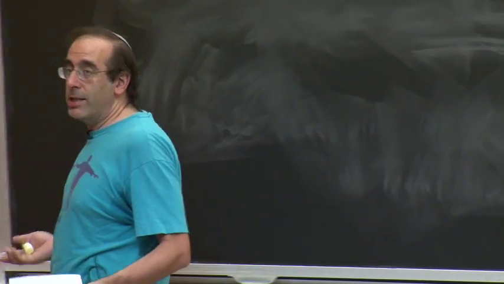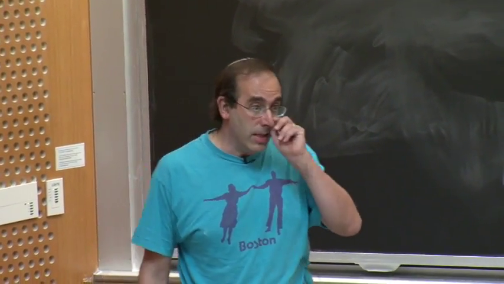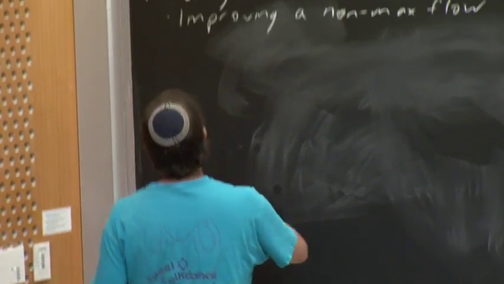So what is the way that we demonstrate that a particular flow is not maximal?